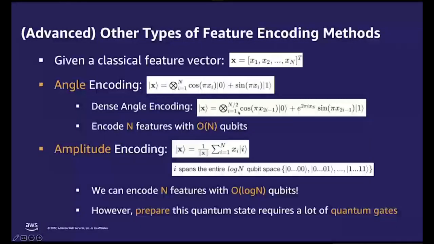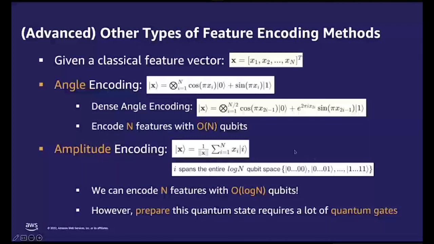And then here is an even more compact way you can do it, which is called amplitude encoding. So given that you have, again, the same x vector as a feature vector, you can actually encode each of these feature values in the coefficients of these computational states. For instance, the state spans the entire log n qubit space, starting from 0, 0, 0, 0 until 1, 1, 1, 1, right?